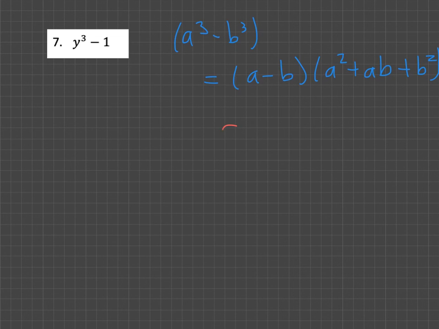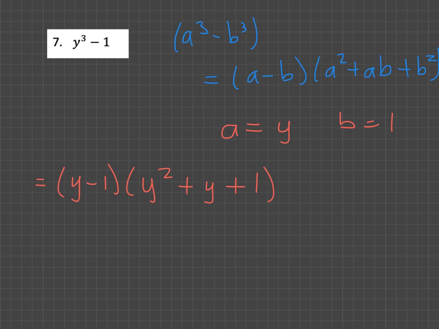For the example, a is y, b is 1. So we really are going to make replacements of a with y and b with 1. So we're going to take y minus 1 times y squared, and then we want plus ab, so plus 1 times y, so that's just y, and then plus b squared, well 1 squared is just 1, so it looks like that.